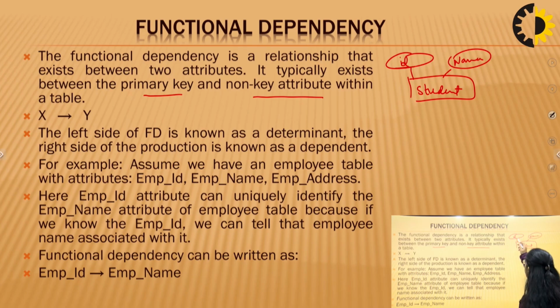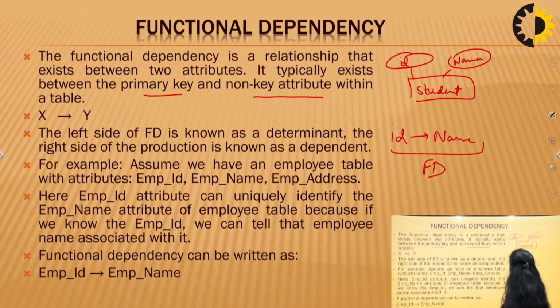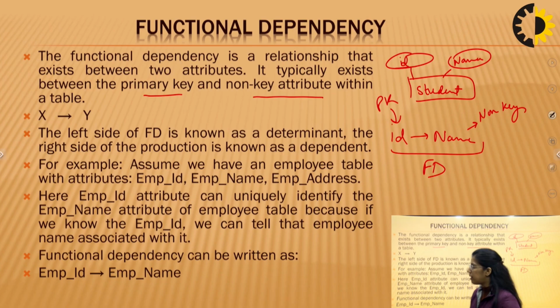So this ID will be used to find the name of a student in the student table. So this represents the functional dependency, where this one is the primary key attribute and this is a non-key attribute. It means it does not identify any tuple uniquely. So this is how we represent the functional dependency.